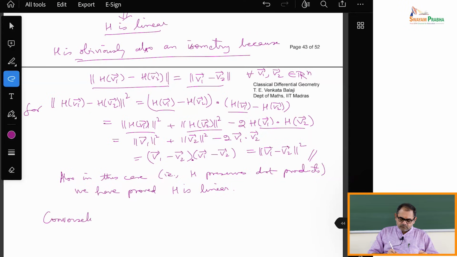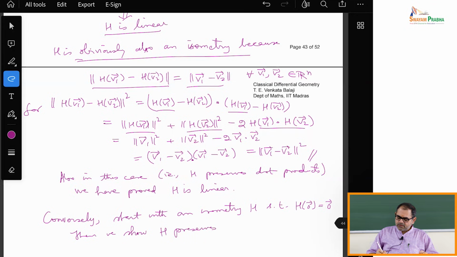Okay. Conversely, start with an isometry H such that H of 0 equal to 0. Okay. Then we show H preserves the dot product.